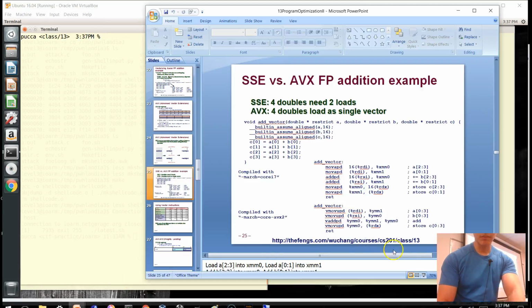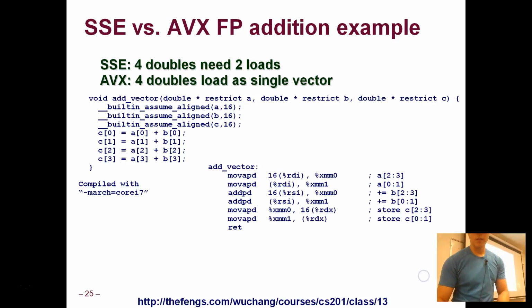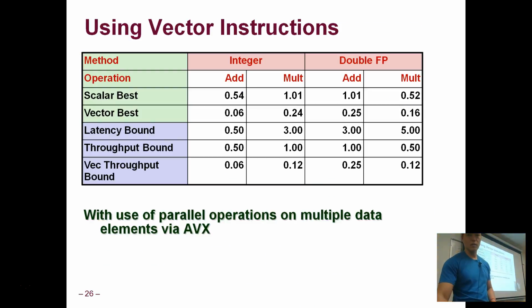One memory load per generation. Okay, so when you add vectorized instructions, you can get pretty darn good numbers. So this is 0.06, 0.24, 0.25, 0.16. So yeah, this is pretty fast.